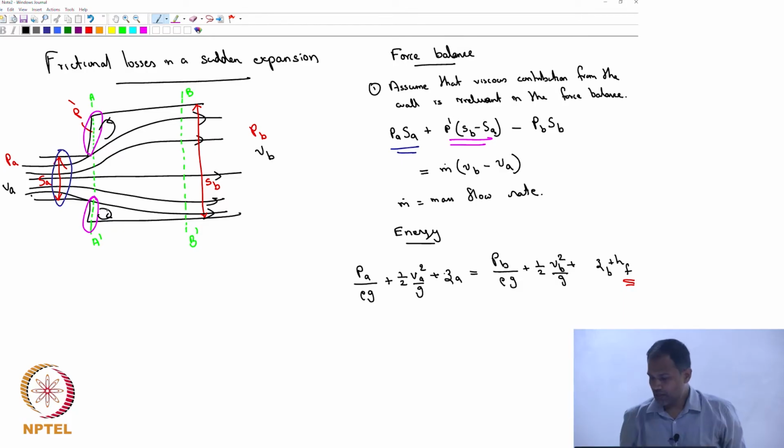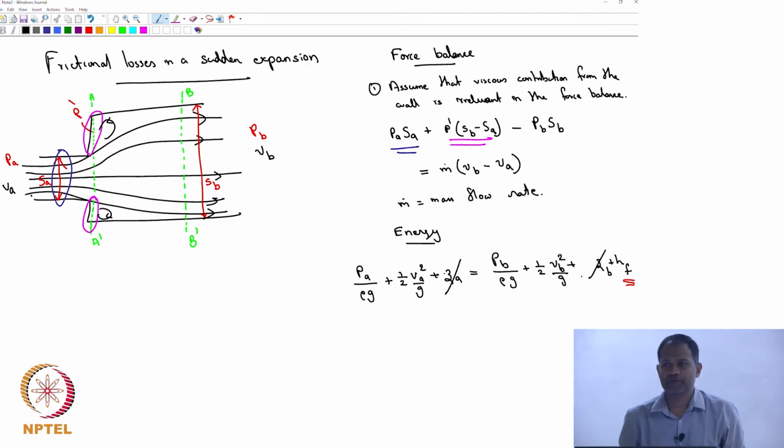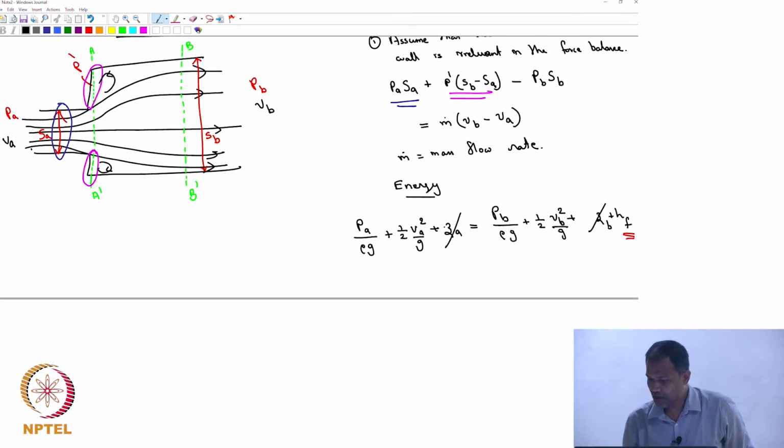So we will throw away ZA, ZB because we are not going to worry about the change in elevation. So let's simplify. There comes the second assumption. Now we assume something about the wall shear stress.